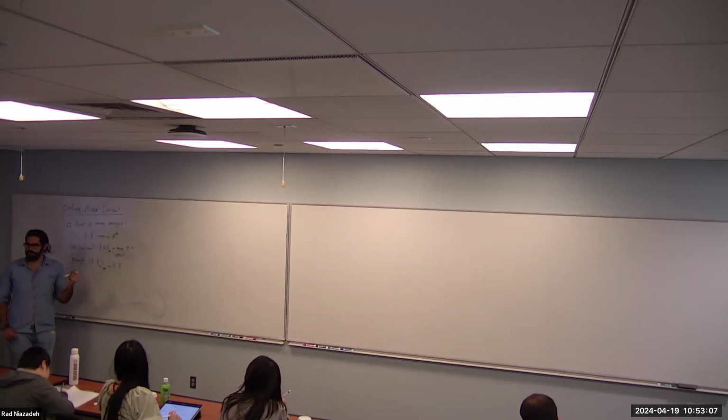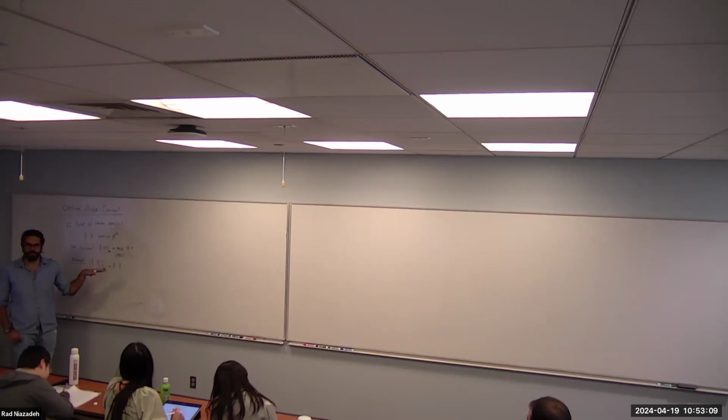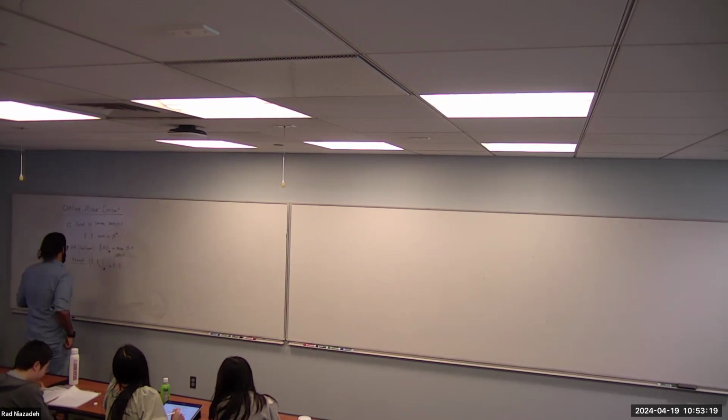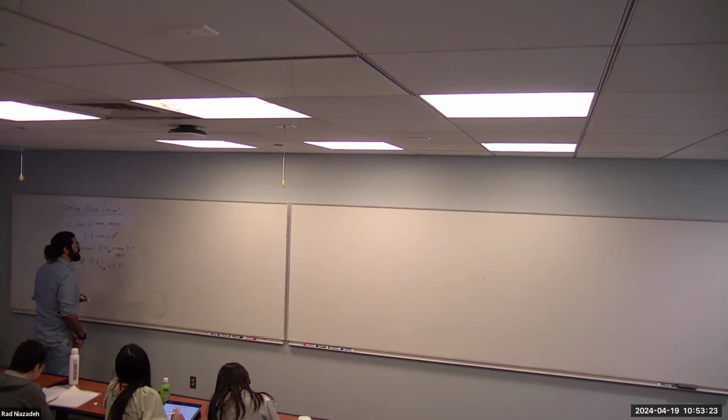Do you want me to show this, or should I leave these simple things as exercises? Let me actually give them as exercises. All right, that's one example. That's probably all I wanted to say about norms.